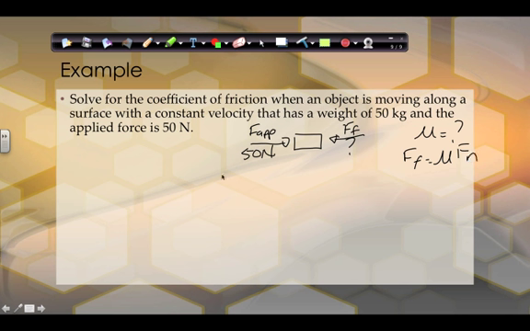And I also know that it's moving along with a constant velocity. Since I know that, the acceleration is equal to 0, the net force is equal to 0. So that means that the force applied and the force of friction are equal to each other.